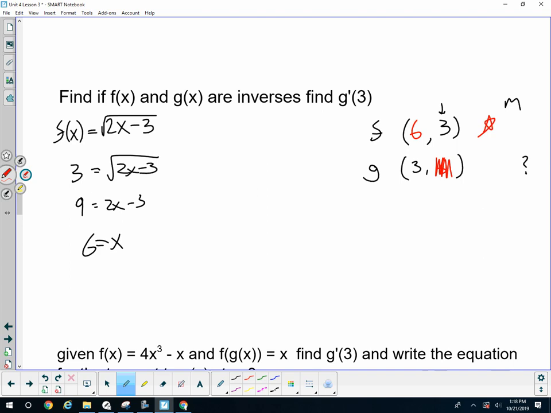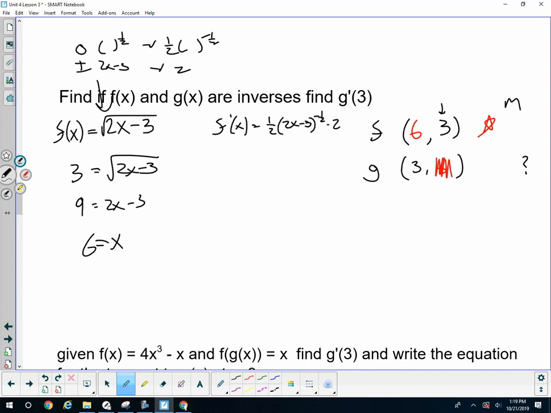So here we go. f prime, we got an outside and an inside. The 1/2 is the outside, the 2x minus 3 is the inside. I need to remember my derivative rules and use them. And I get 1/2 (2x minus 3) to the negative 1/2 times 2. That can be simplified to be 1 over root (2x minus 3).